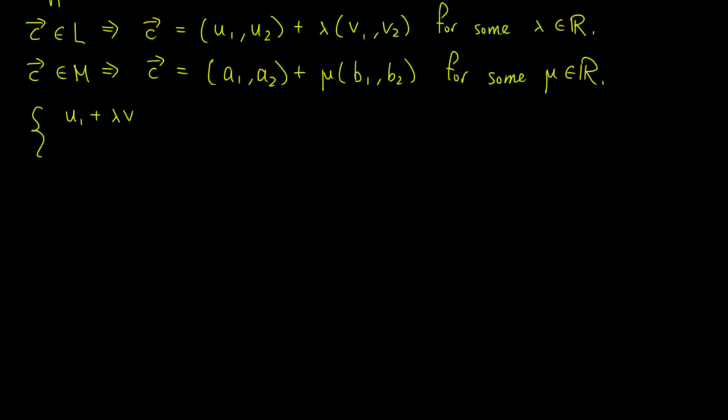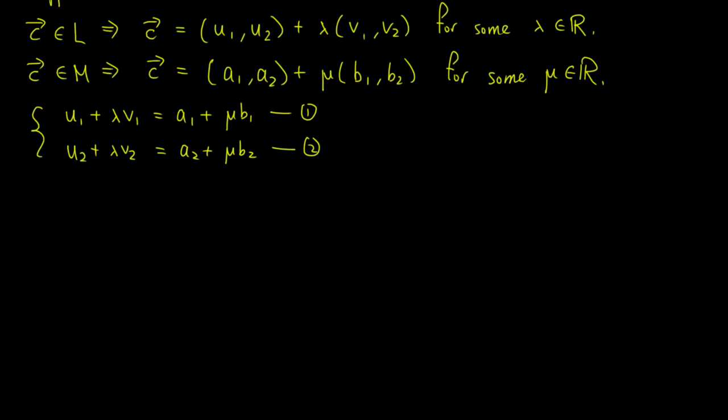Equating the two expressions for C and equating the components, we find that u1 plus lambda v1 equals a1 plus mu b1, and u2 plus lambda v2 equals a2 plus mu b2. Label these equations as 1 and 2. We try to solve for lambda and mu.